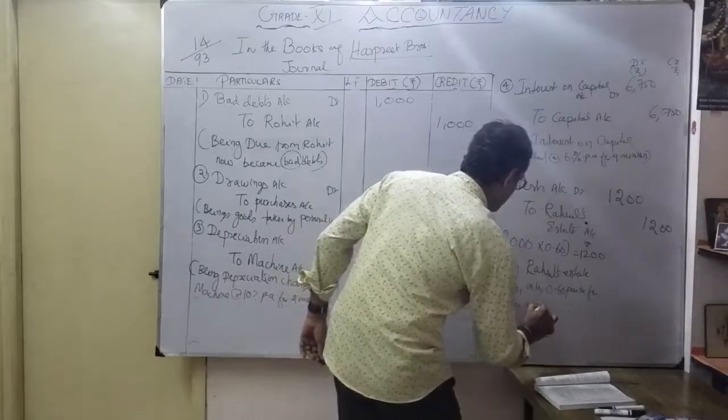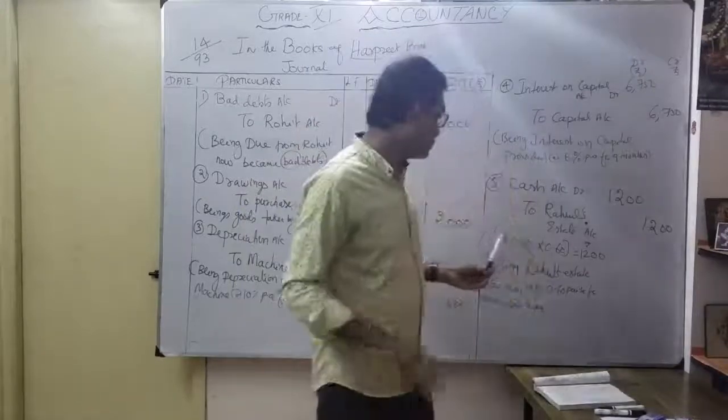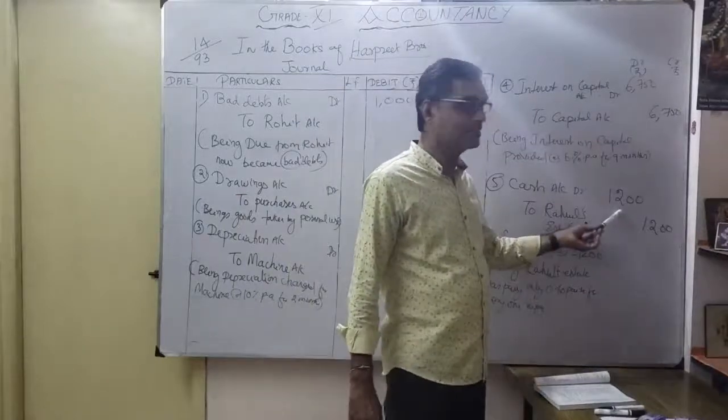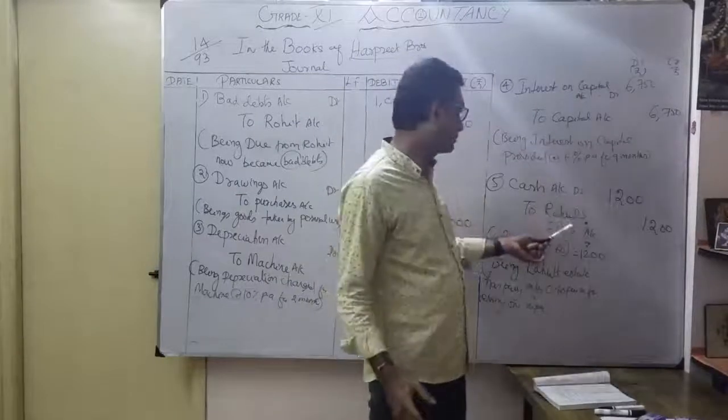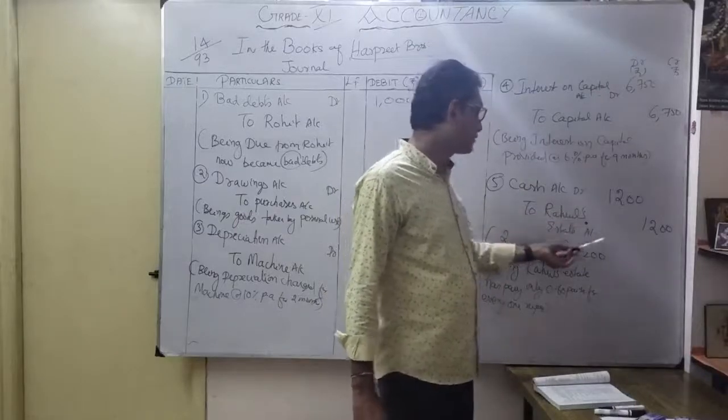Correct. So instead of 1 rupee, he has to pay 60 paise. So for 2,000 rupees, how much? Understood now? 1,200. That's what I mentioned here. He received that much money from Rahul's estate. So cash account debit 1,200 to Rahul's estate account 1,200.